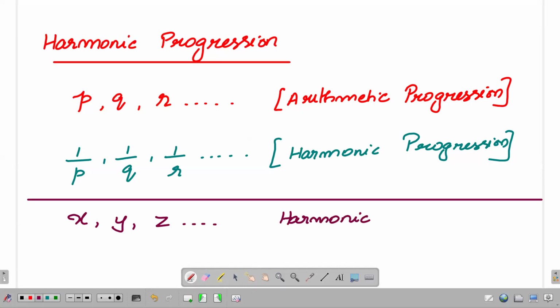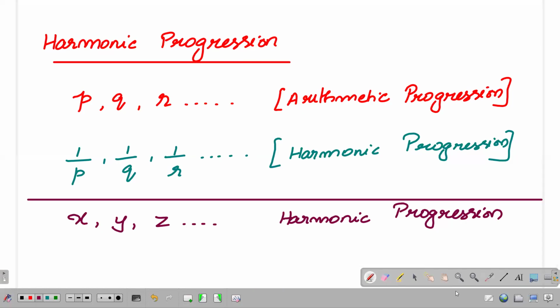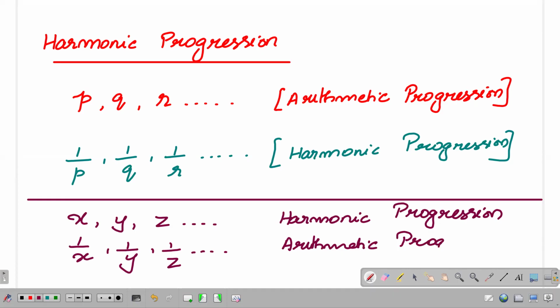It automatically means that 1 by x, 1 by y, 1 by z, etc. will be confirmed arithmetic progression. Today's first two questions are based on what I have presented here.